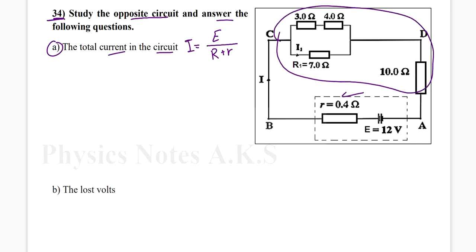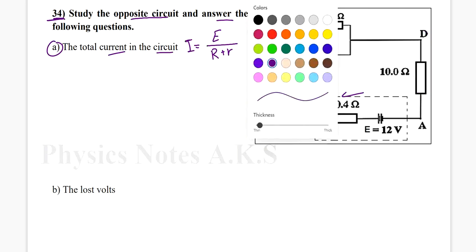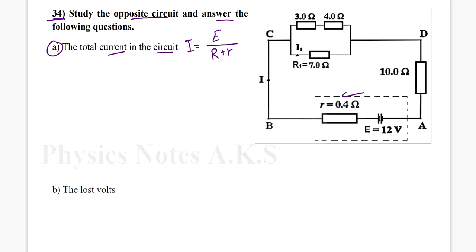The internal resistance is 0.4 ohm, but the external is the total of all these. So first of all, I need to find the external resistance, right? So let's start. I will choose this color. Now, please notice with me that the 3 ohm and 4 ohm are in series, so the total of them is 7 ohm, right?